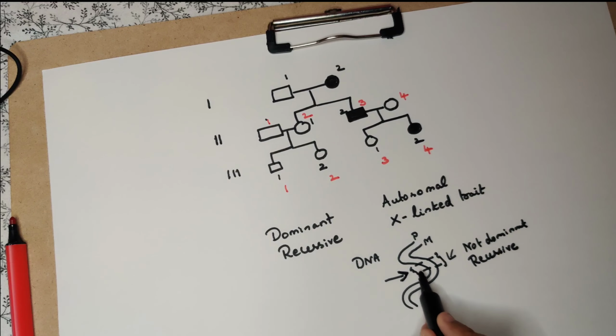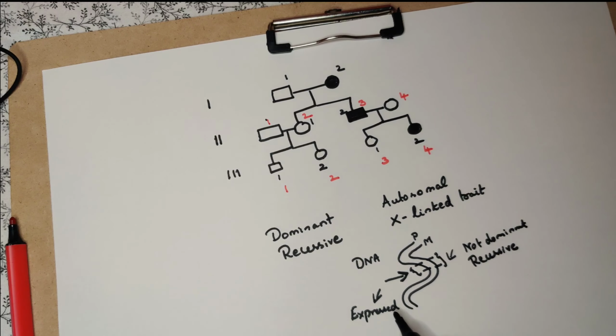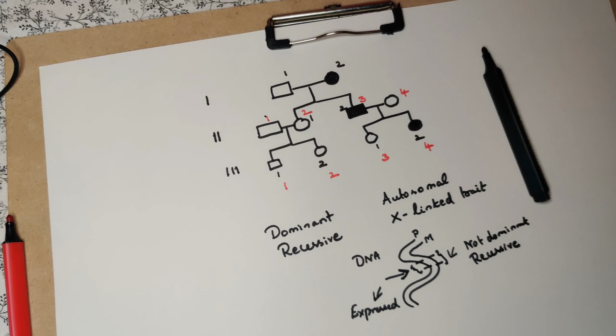But if a dominant gene is present, even if only one is present, then it will be expressed in that particular individual, in that particular generation. So dominant means what? Even if one single gene is present, it will be able to express the disease.